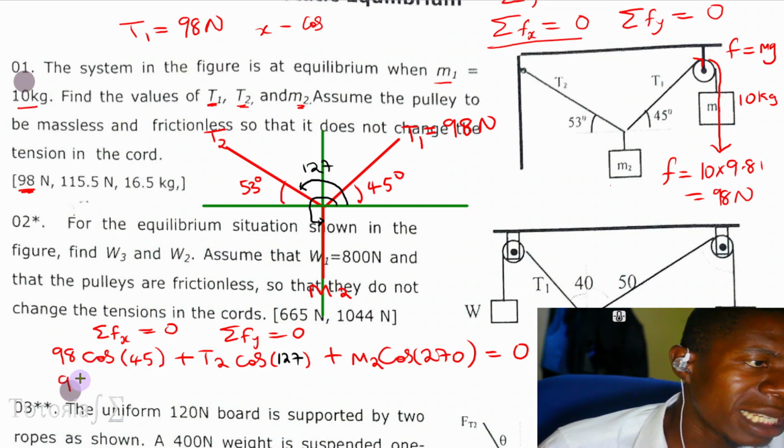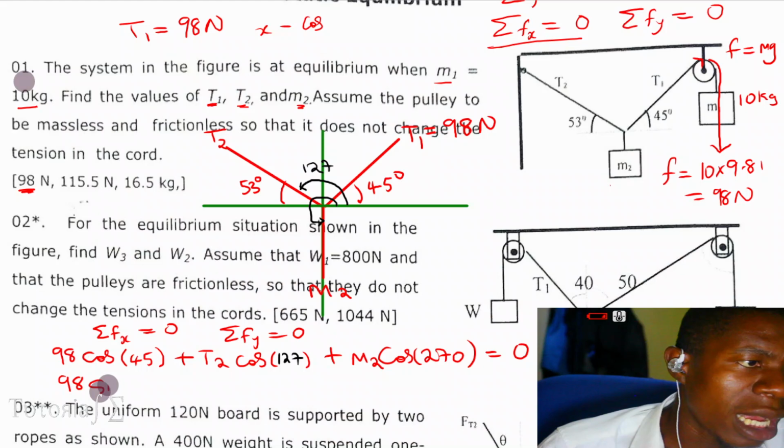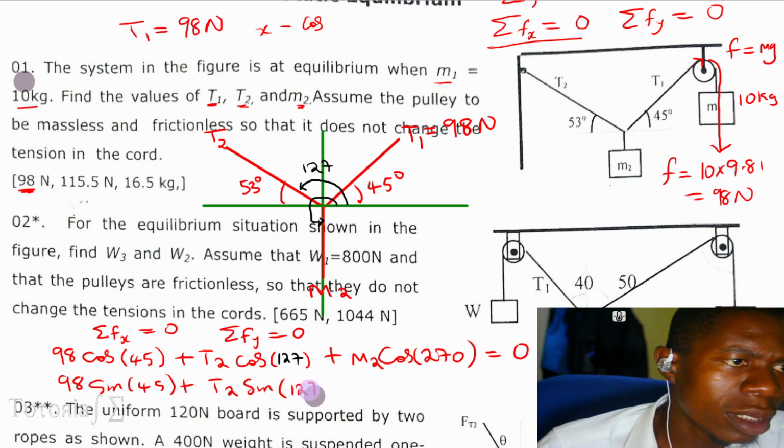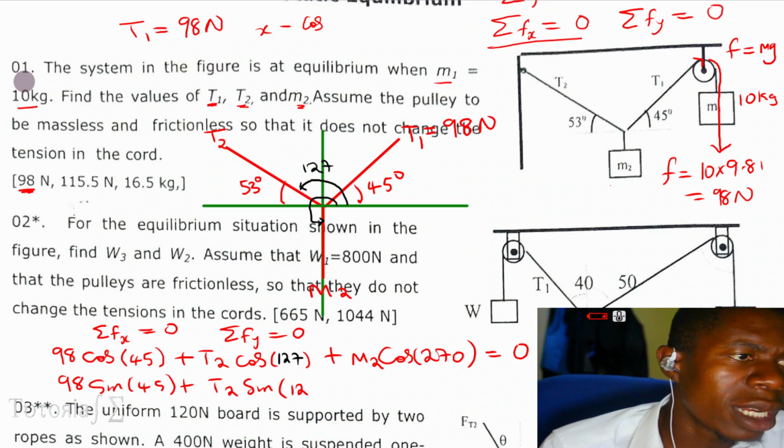So this would be 98 sine 45 plus t2 sine 127. Let me use a different color for the forces in the y.